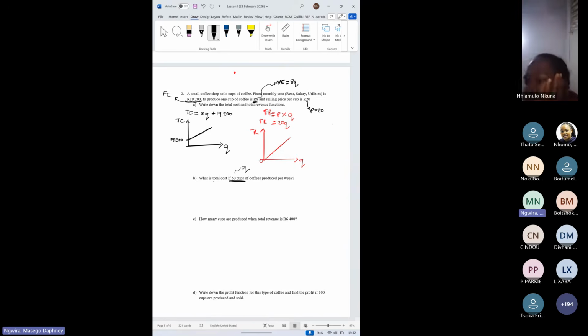So I have to use the equation or function of total cost that I calculated from my A. So the total cost is equal to 8Q plus 19,200. Then my Q is 50, so wherever I see Q, I put 50.